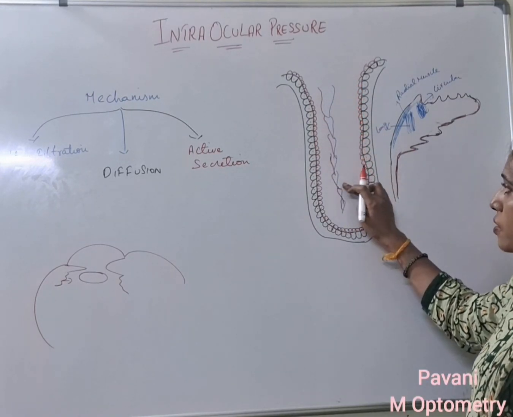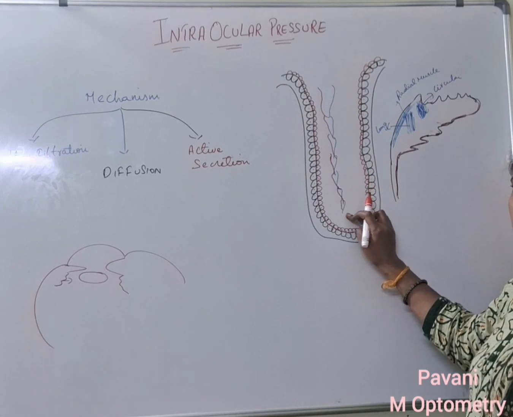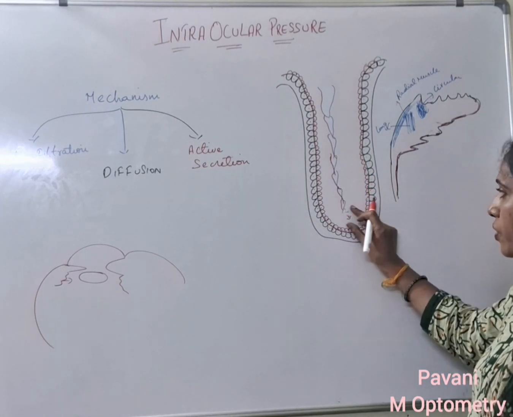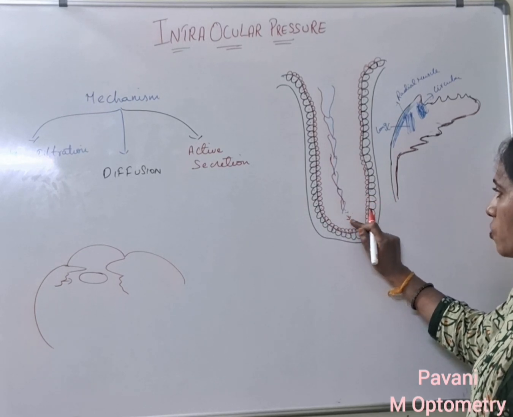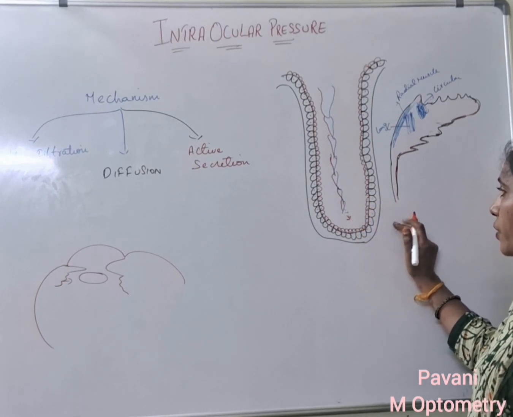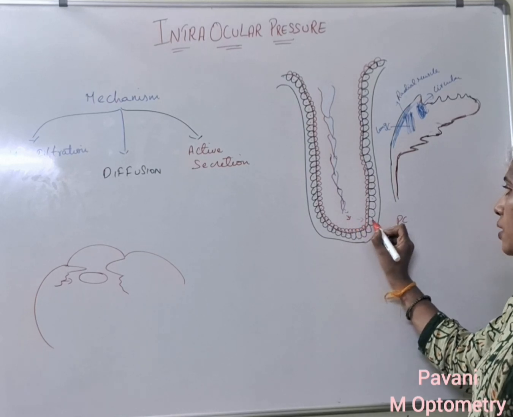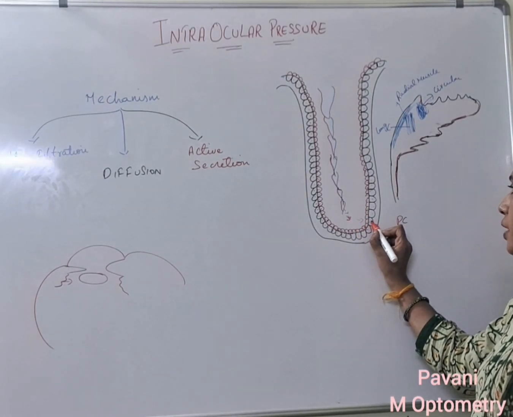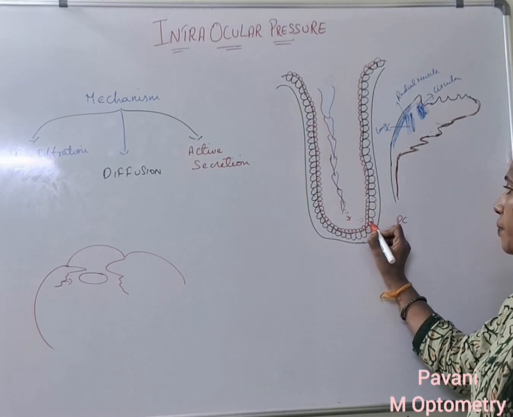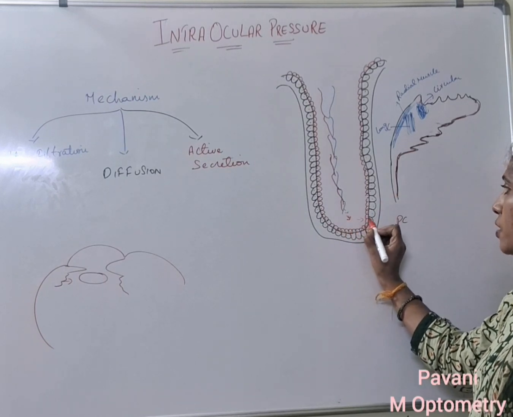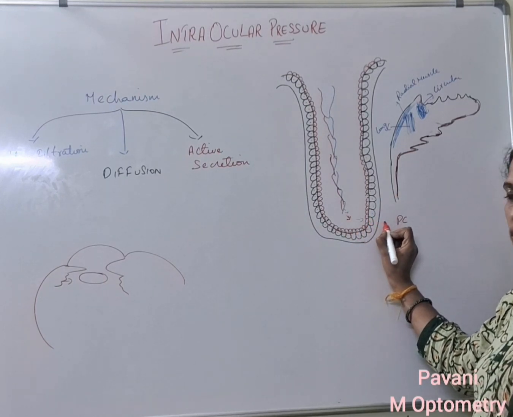From these capillaries you get the fluid into the stroma, and from the stroma this fluid will enter the posterior chamber through the non-pigmented and pigmented epithelial cells. The non-pigmented epithelial cells face the posterior chamber.